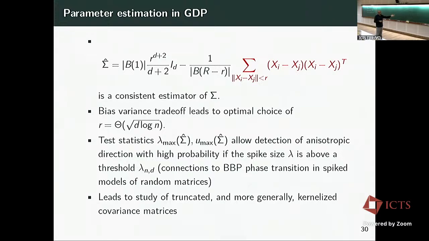In our work, we propose a bound for lambda n and d, which we are completely sure can be improved, but this is the first bound. If you remember the famous BBP phase transition in spiked models of random matrices and its connections with spiked PCA, you get results of similar flavor. Of course, those are situations of complete independence.